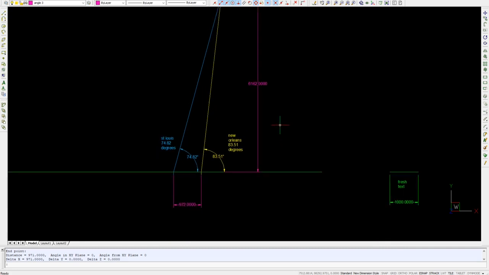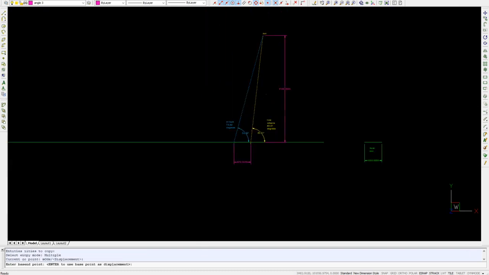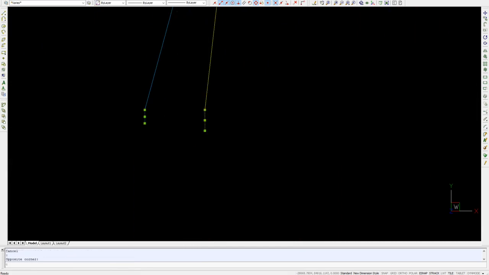What I'm going to do now is copy these two lines and use them to find the center of what would be the Earth. So I'm going to go back into fast speed again.